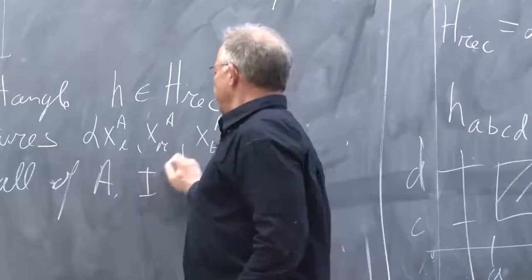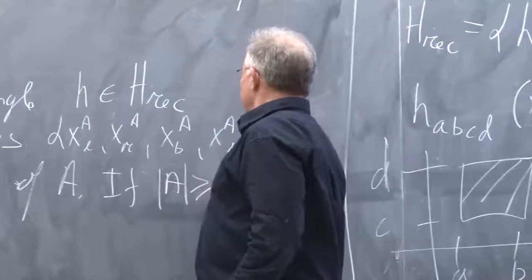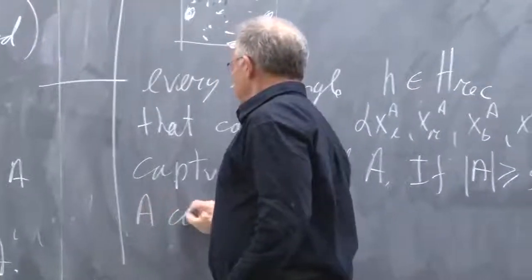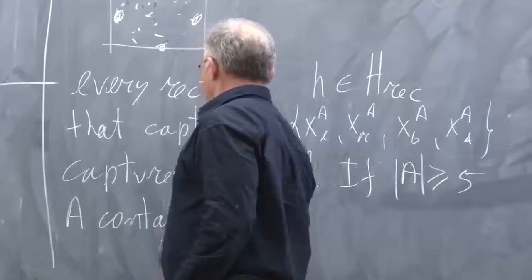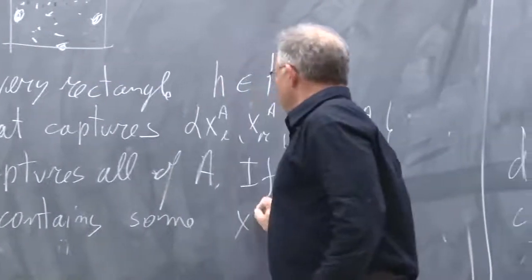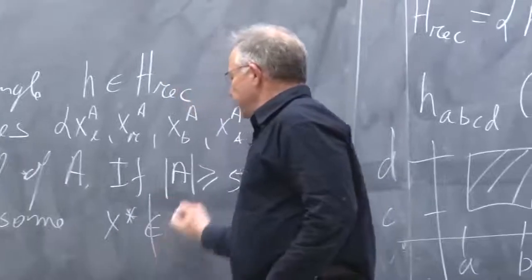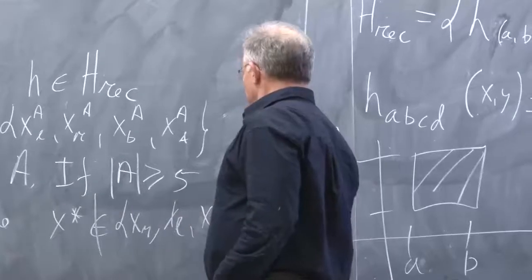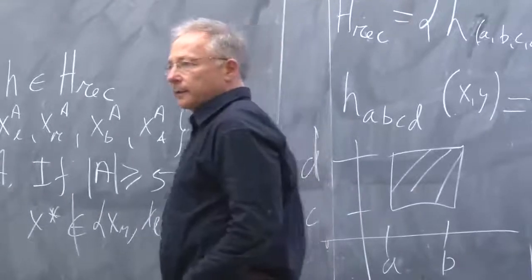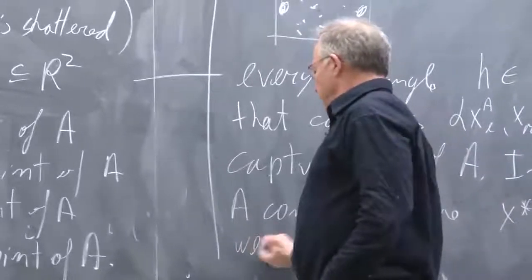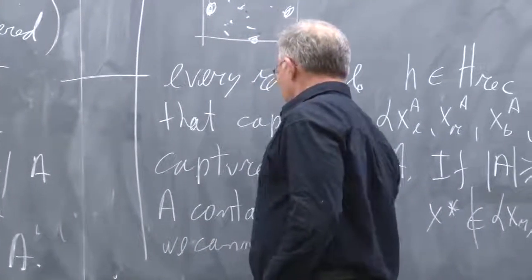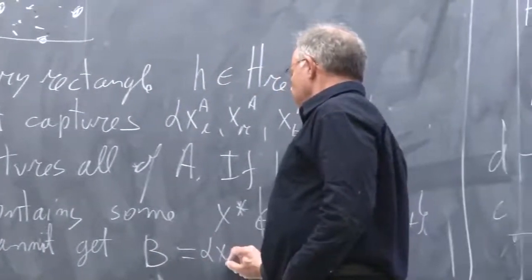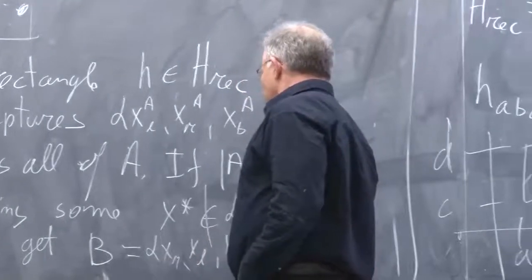Now, if the size of A is at least 5, A contains some X star, which is not any of them: X right, X left, X bottom, X top. These are only 4 points. So we cannot get the set B, which is exactly X right, X left, X top, X bottom.